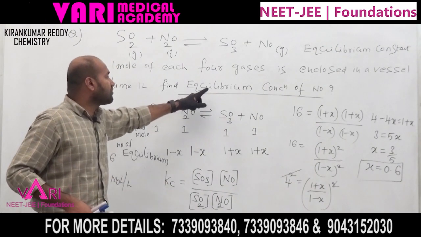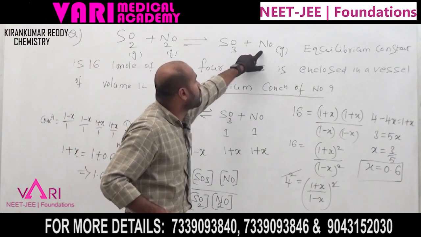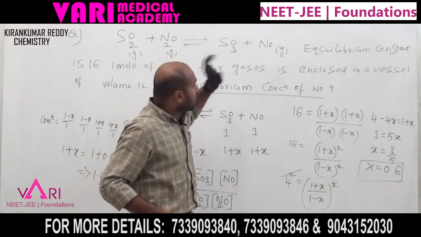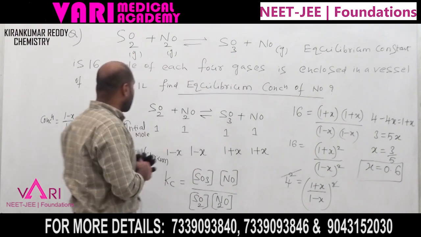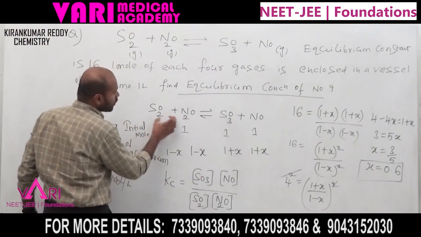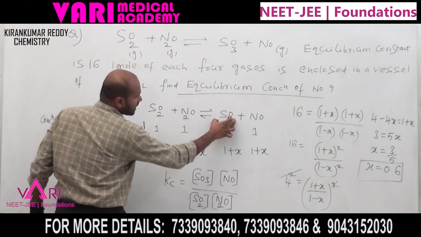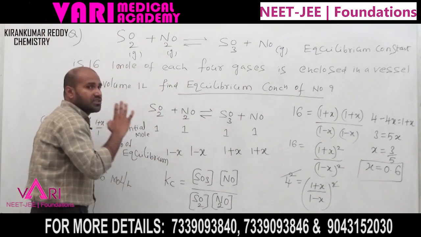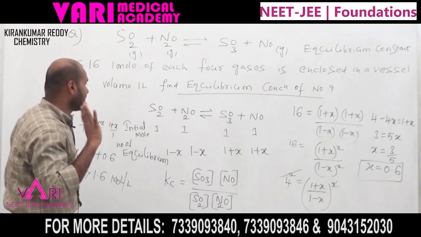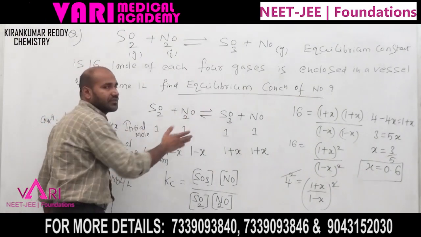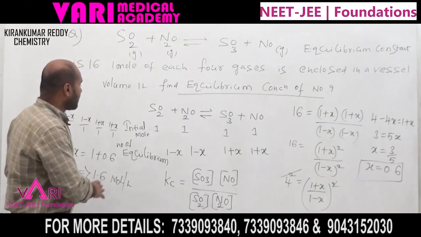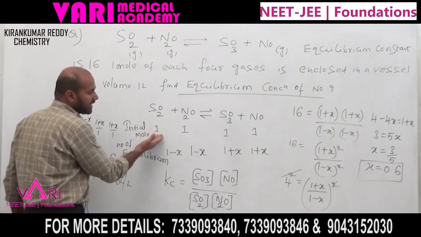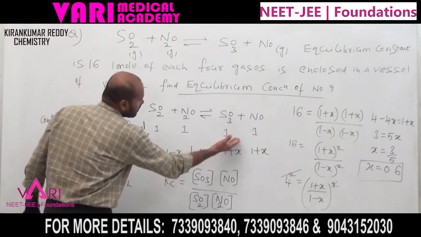You have to calculate the equilibrium concentration of NO. First write the equation, a forward and backward reaction, which means a reversible reaction. Now write the initial moles: 1 mole, here also 1 mole, here also 1 mole, here also 1 mole.